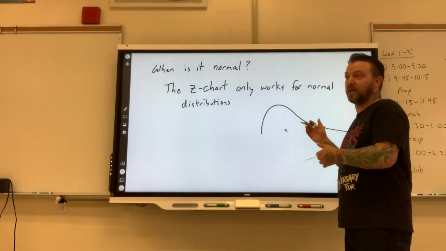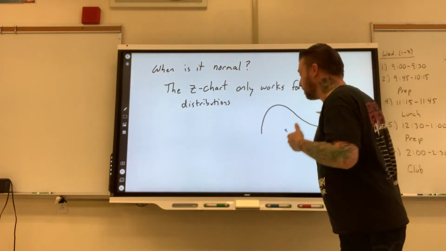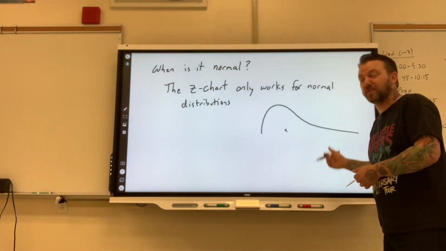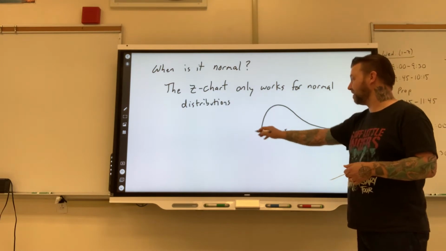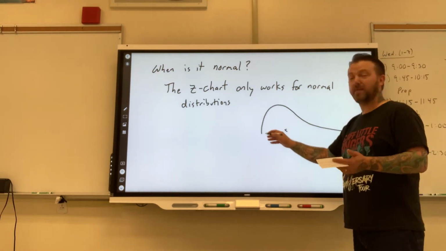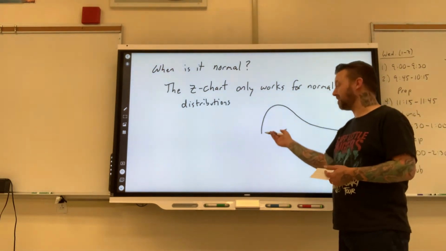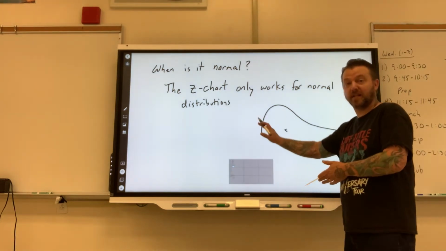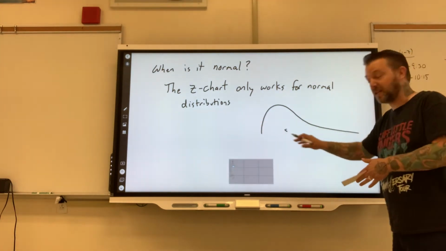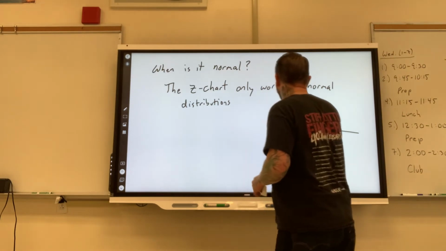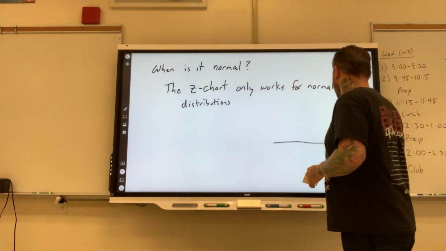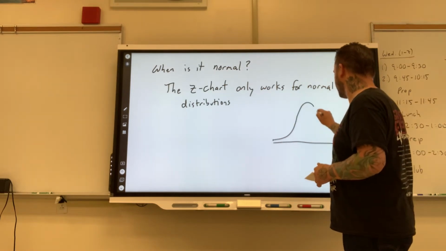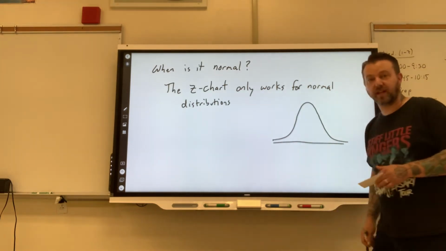Well, clearly it goes on forever, but 99.7% of the data is within 3 standard deviations of the mean. Here, if I go over maybe 1.5 standard deviations, I'm at the lower bound. It doesn't make any sense. So it has to be a normal distribution, which our density curve will look like that.